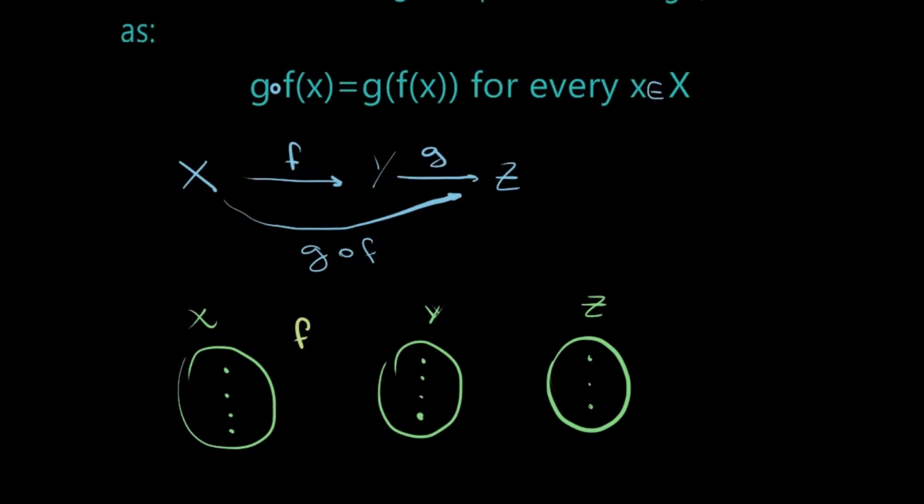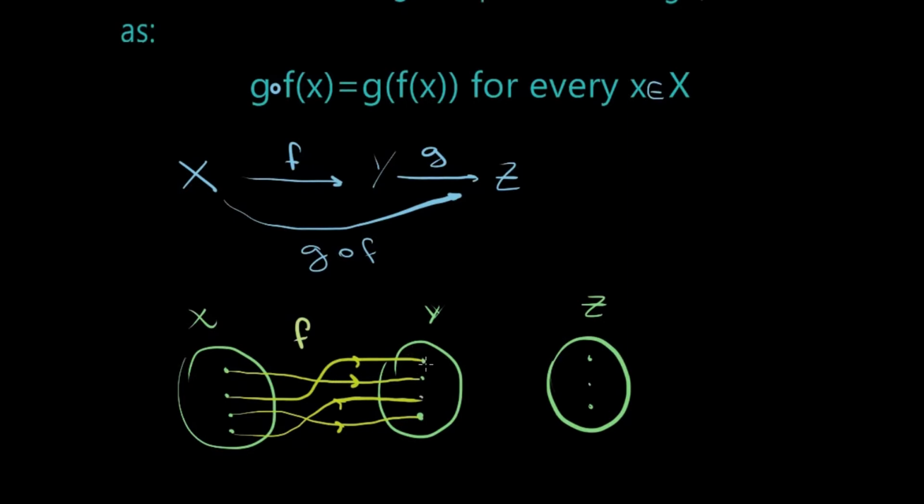F will take an element in X and give you as a result an element in Y. So I can take the first element and take it there, the second one, and let's see, this element will go here, and this one there. This is what f does.